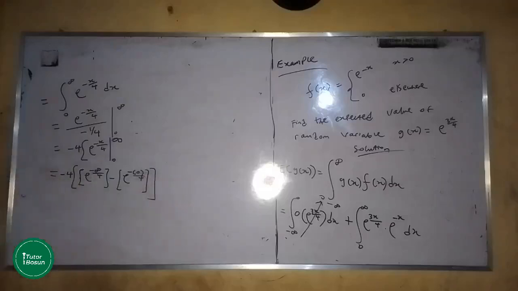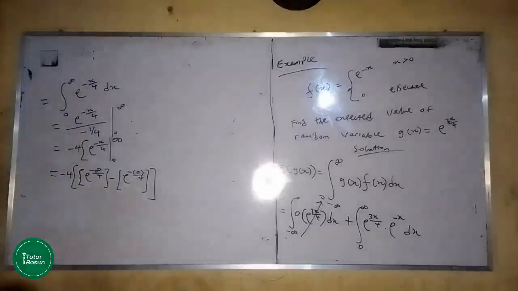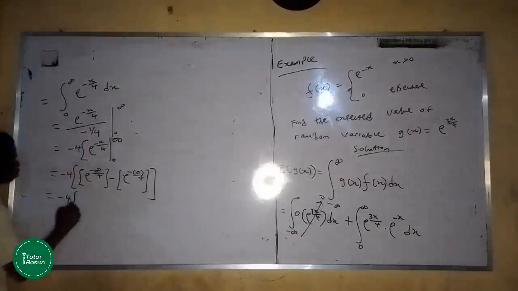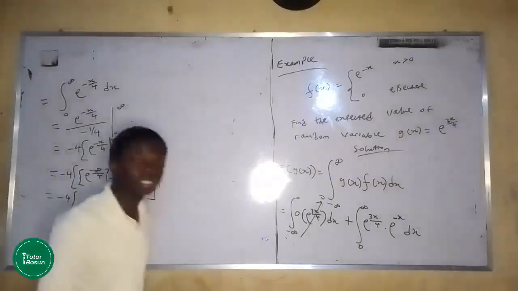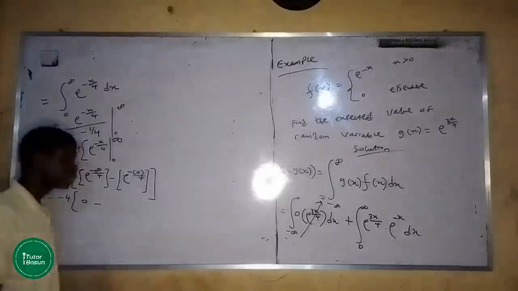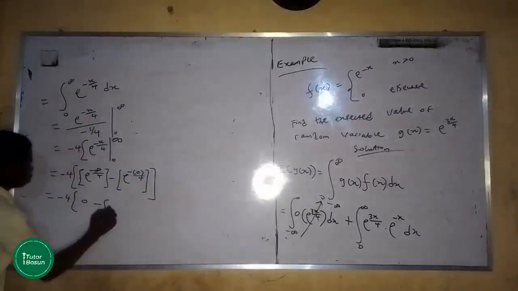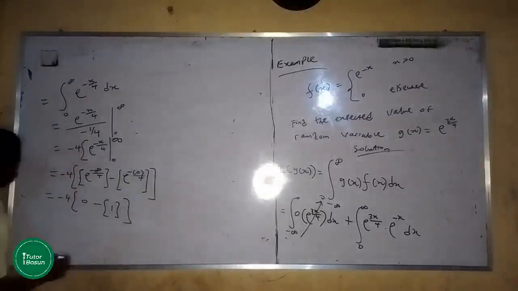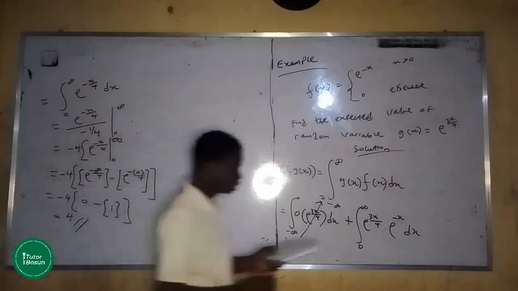Here we know that minus infinity over 4 will become minus infinity, and exponential minus infinity will give us 0. So automatically everything there is 0. Minus 0 is still 0, and exponential 0, anything raised to power 0, will give us 1. So we are left with minus 1 here. Minus 1 times minus 4, automatically we are left with 4. And that's the answer.